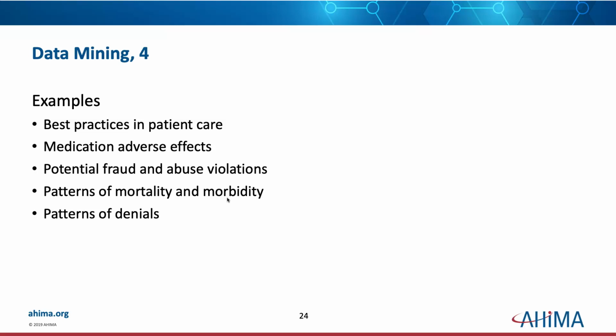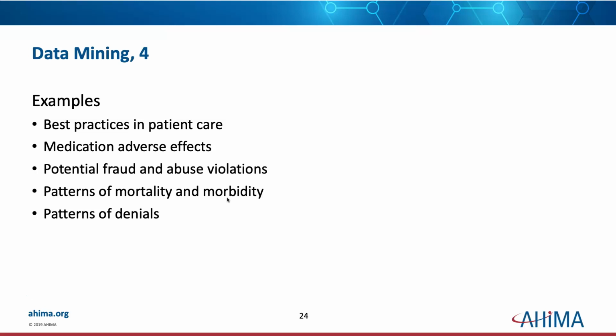You can also use it for patterns of denials. So if you are working in the revenue cycle with the patient finance folks and you are looking at why are we getting so many denials, you can use data mining to drill down and see what's going on. Maybe you've got a scrubber that's not working the way it should be.